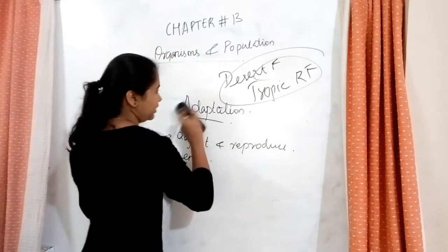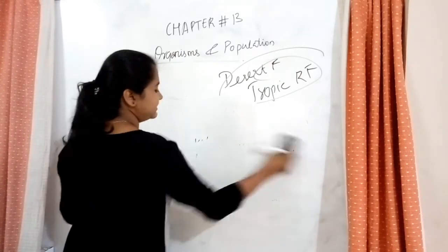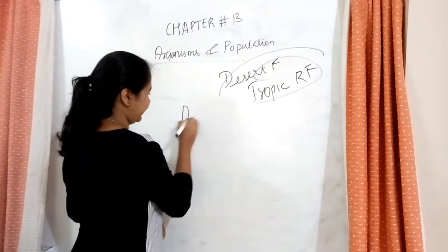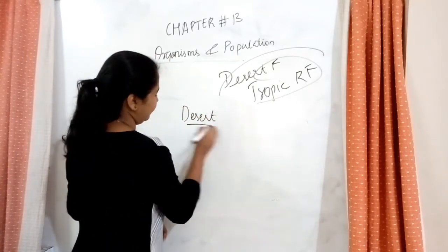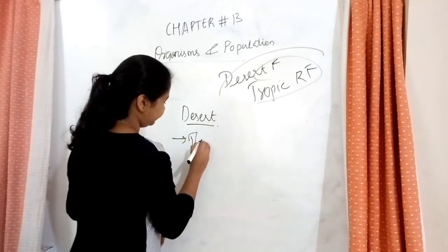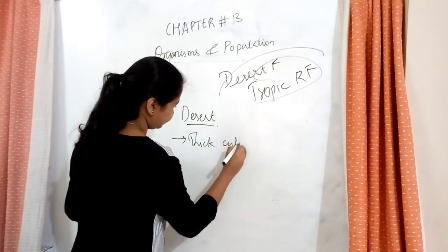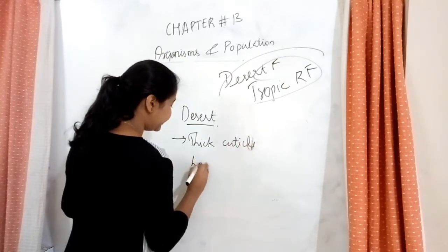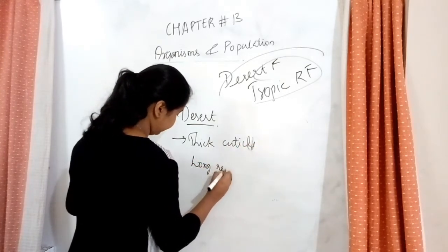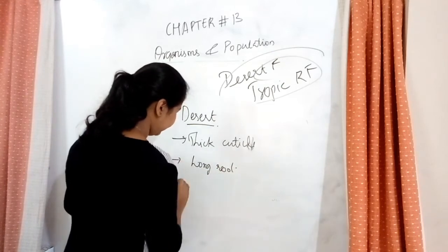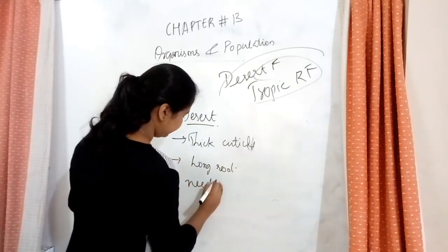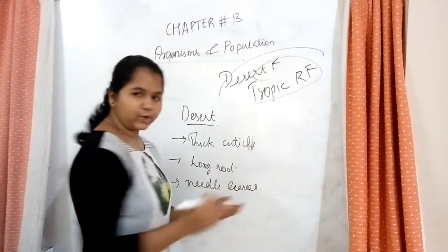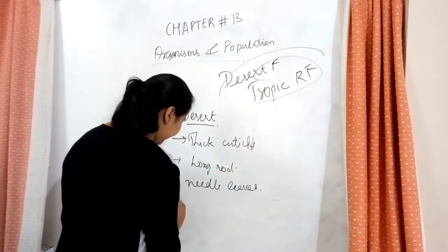Desert plants have a thick cuticle, long roots, needle-like leaves, and sunken stomata.